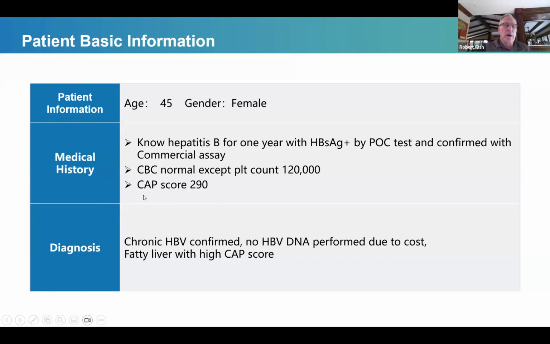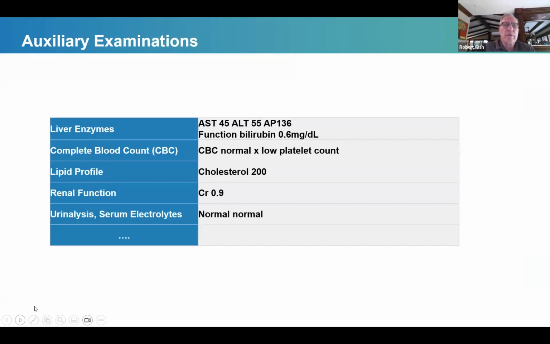So the question is, how do you manage this patient? This person has what I call MET HBV, combination metabolic disease and hepatitis B. Liver enzymes are high, ALT higher than AST, so that's going to support this person is probably fibrosis level 3. Liver function is good with a total bilirubin of 0.6, so that's excellent news for that patient in terms of liver reserve.